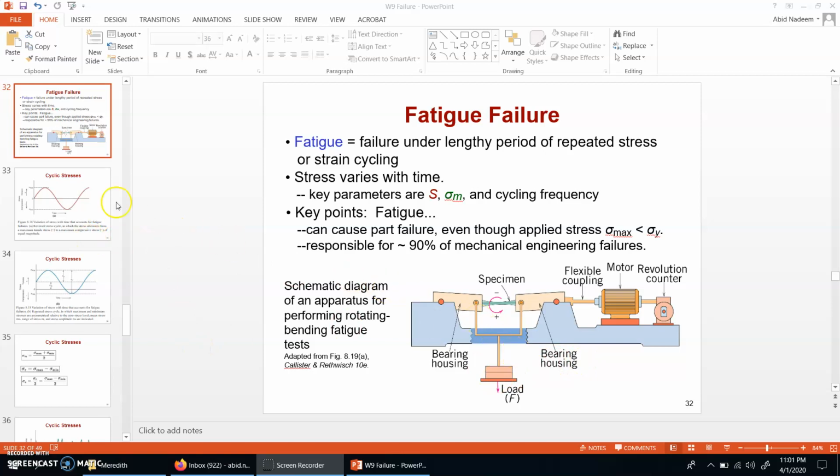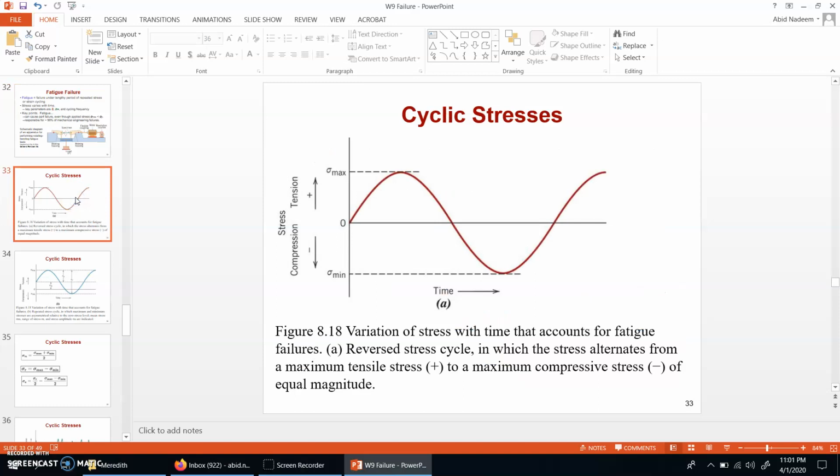Okay, so now let's talk about the loads which are applied in the case of fatigue. These loads are cyclic in nature. The first kind of load is this. In this case, you can see that the load or the stress increases to a certain value, then it decreases back, and then it decreases again to the other side, to the negative side.